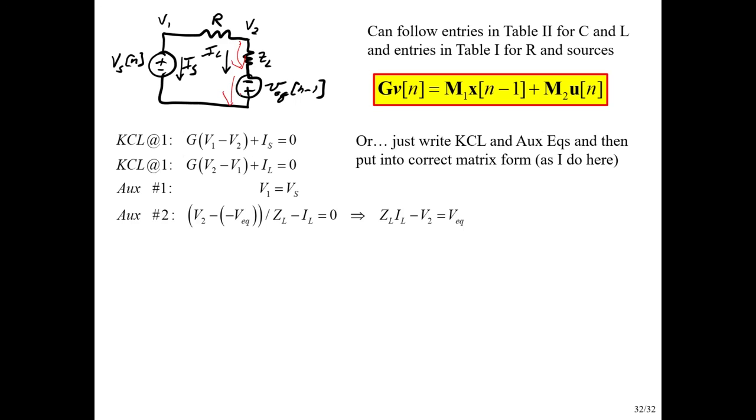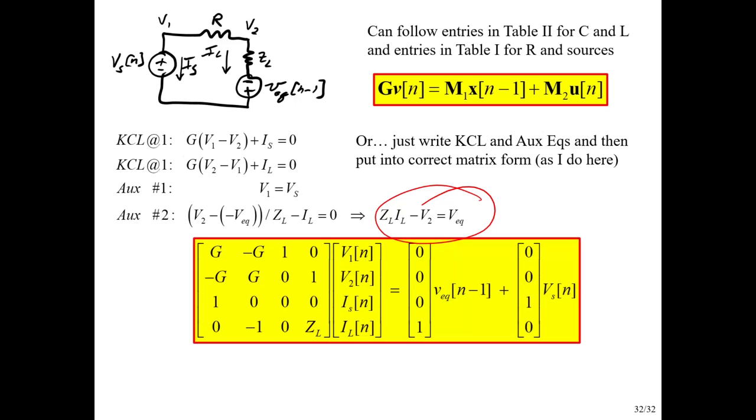IL is the current flowing in through that VEQ. It must be equal to 0. So minus IL is going up, so both the currents flowing in have to add to 0. And then I did some algebra to get that into this more convenient form. So there we have it. And so now we can write that in matrix form.